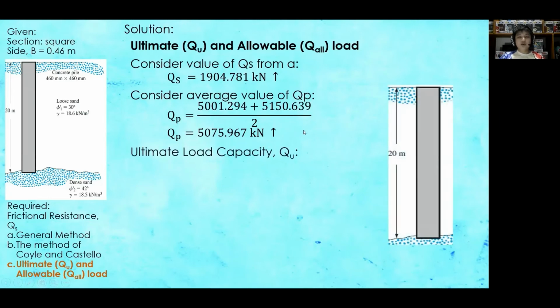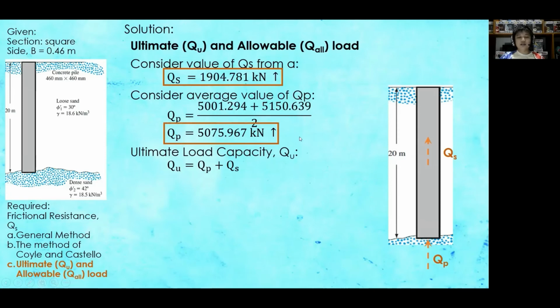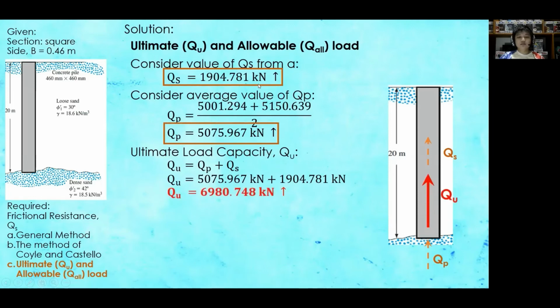So the ultimate load is the sum of our two components, the point load and our frictional resistance. So for the point load, that is 5,075.967 kilonewtons plus QS, which is 1,904.781 kilonewtons.